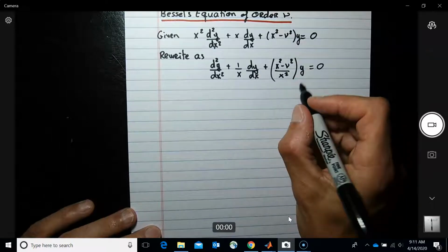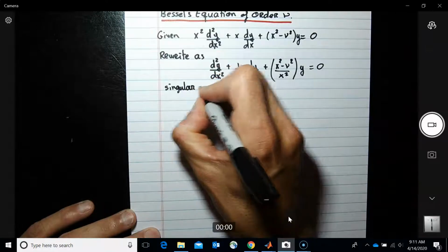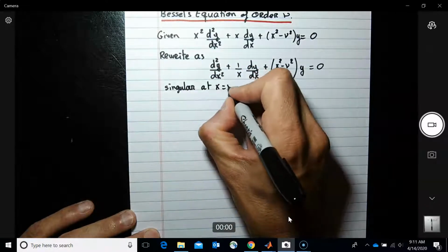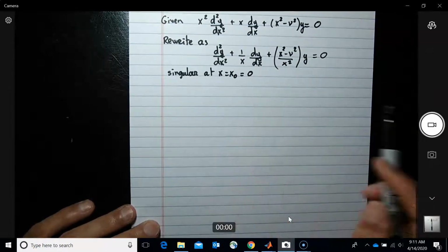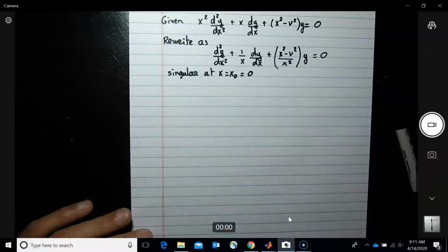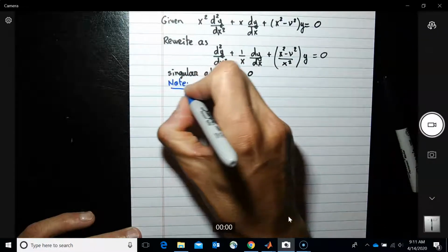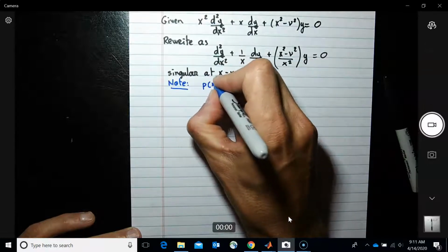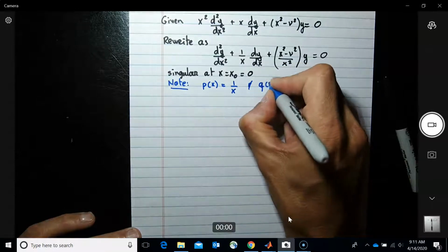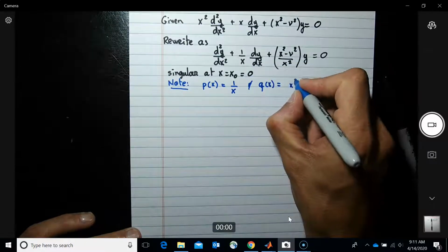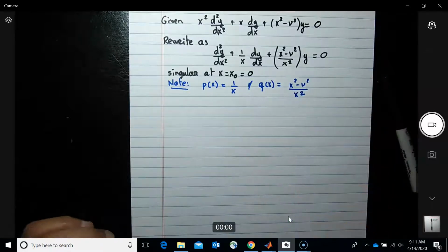Okay, so basically we know that this function is singular at x equal x sub naught, and in this case it will be 0, but it could be any point. All right, so note that in that equation we have p(x) equal to 1 over x and q(x) equal to (x squared minus mu squared) divided by x squared.